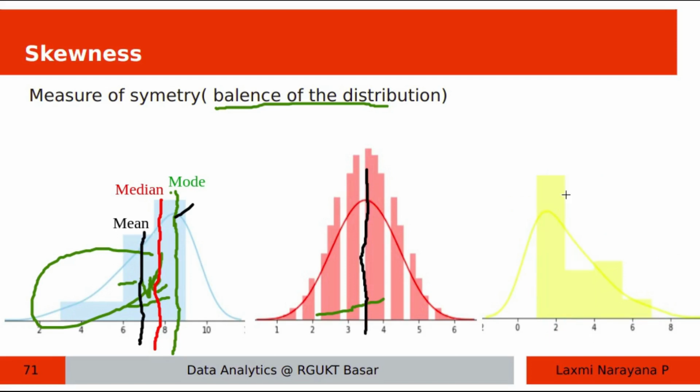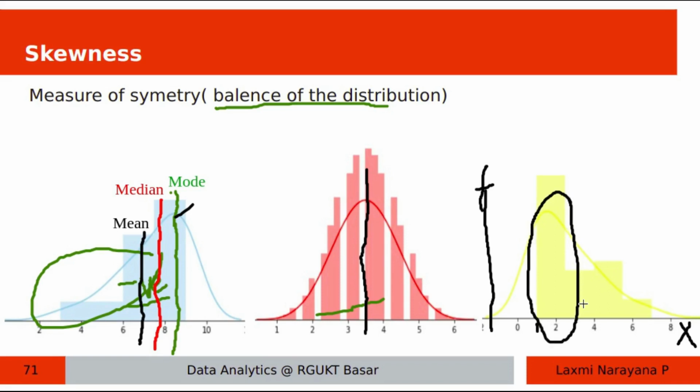Income is an example for right skewed variable. Suppose this x-axis is the income, y-axis represents frequency. In India, most of the people will earn 1 lakh to suppose 3 lakhs, and there is a small group which makes 3 lakhs to 6 lakhs, and very small group that makes more than 10 lakhs or 50 lakhs.